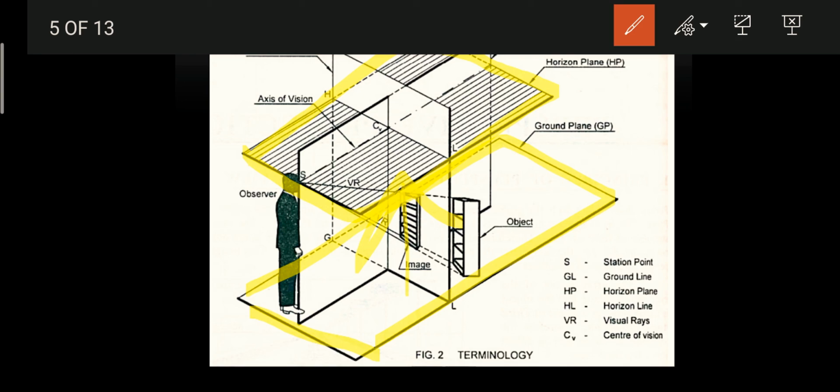What is horizon? Firstly, you should know about the horizon. Horizon is a point where the sky and earth meet. That point is called horizon. And the plane that we assume at the horizon point is called the horizon plane.